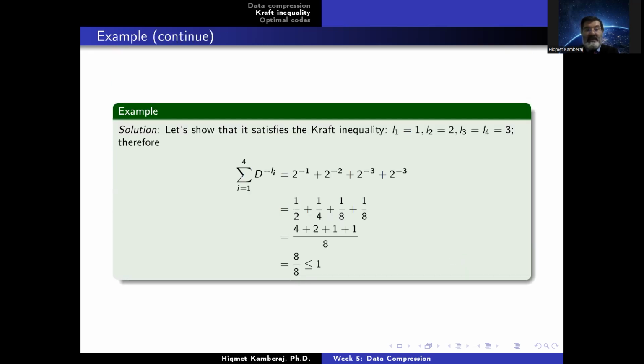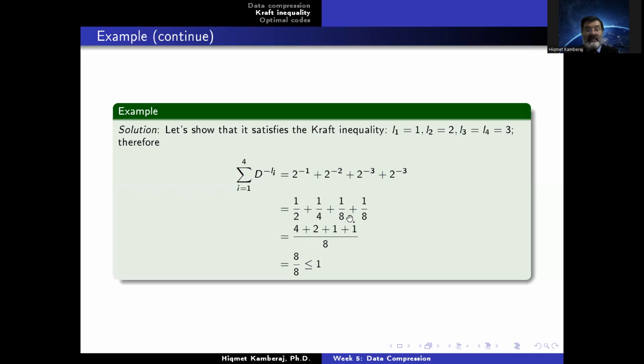Now let's show that it satisfies Kraft's inequality. Now you could notice that L1 is equal to 1, L2 equals 2, and L3 and L4 are both equal to 3. Therefore, we can calculate the sum of D to the power minus Li for i from 1 to 4.